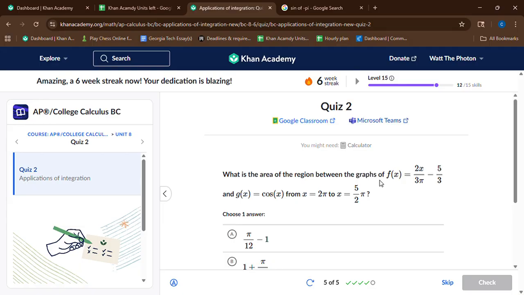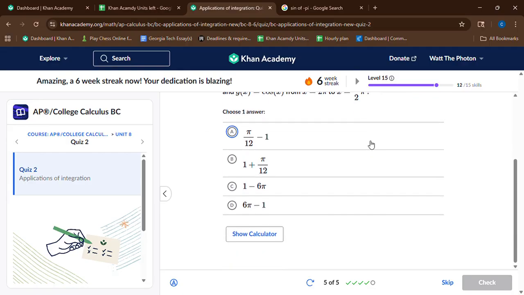So we get 5 over 2 pi, 5 over 2 pi squared minus 2 pi. Let's see.